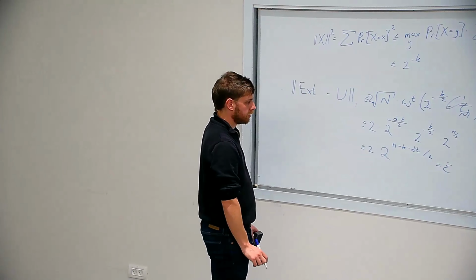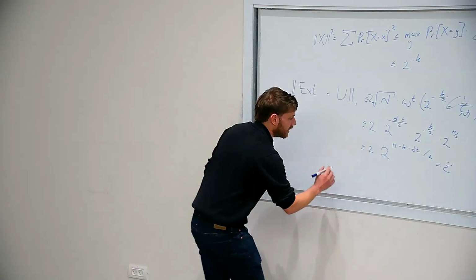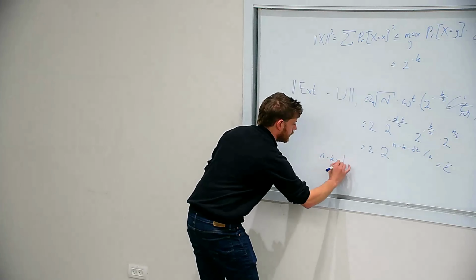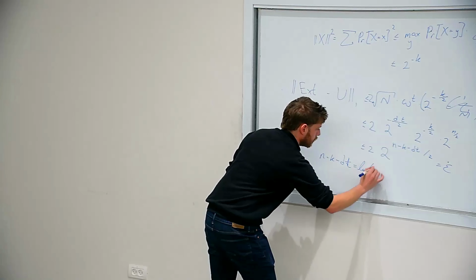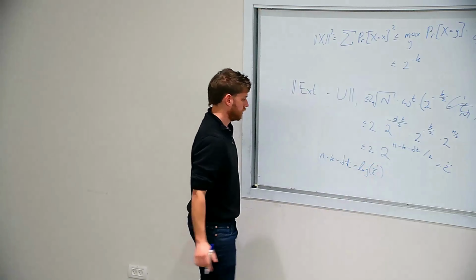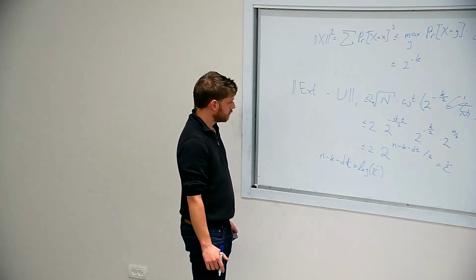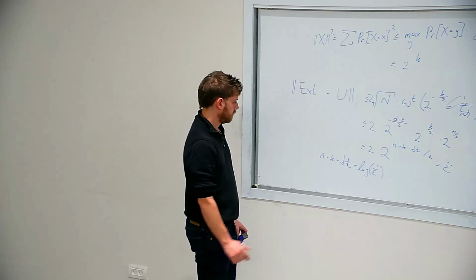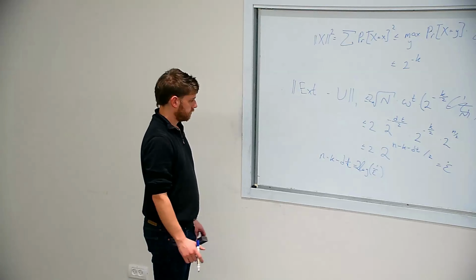So we need to choose. Okay, let me ignore this too. So n minus k minus dt equals log 1 over epsilon. Plus, yeah, two. Using 2 because it's divided by half in the exponent.